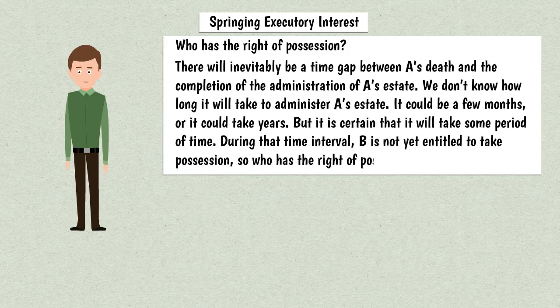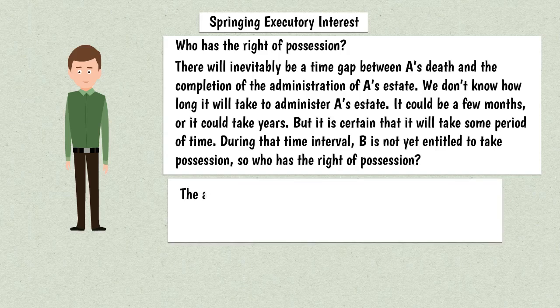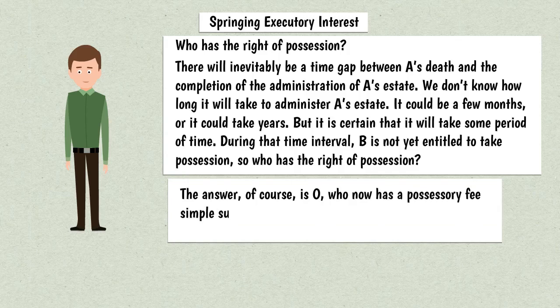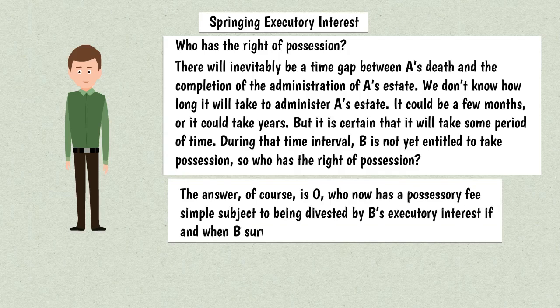So who has the right of possession? The answer, of course, is O, who now has a possessory fee simple subject to being divested by B's executory interest if and when B survives the administration of A's estate.